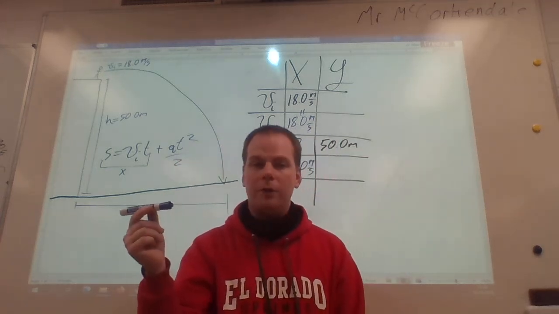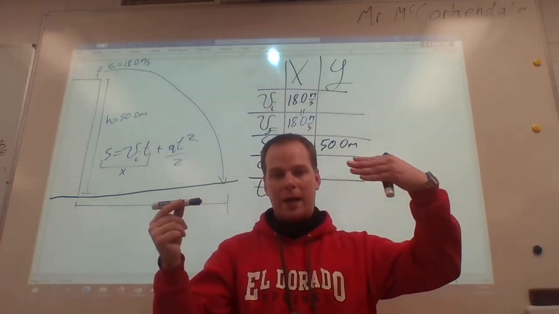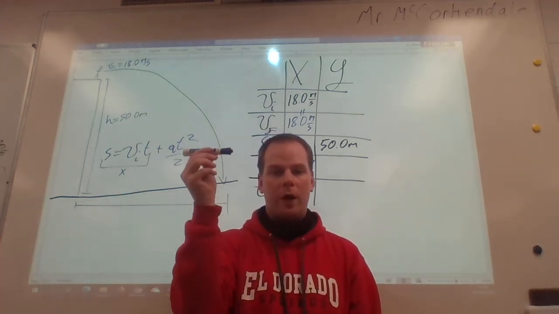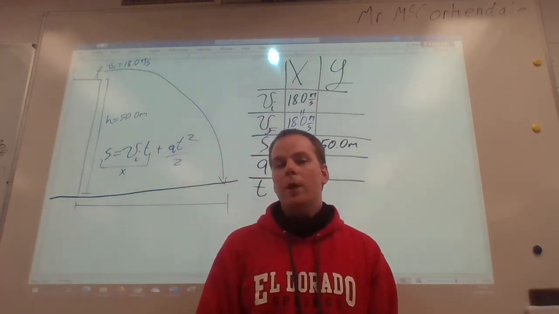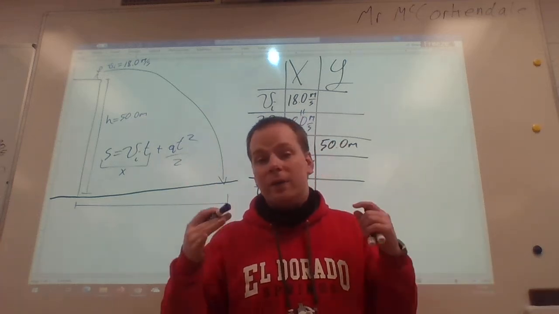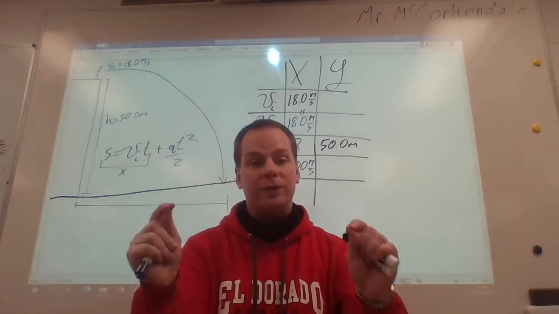If you look straight down on this motion, then it looks like it's moving like this. If you're looking at it from this side or from this side, it looks like it just goes up and comes back down. But both motions take the same amount of time because they're happening at the same time. This is the key to projectile motion.